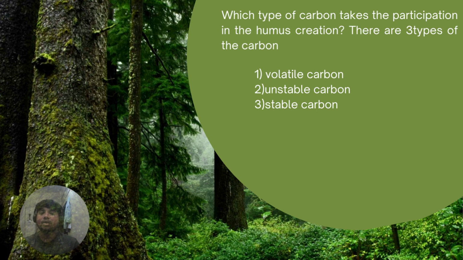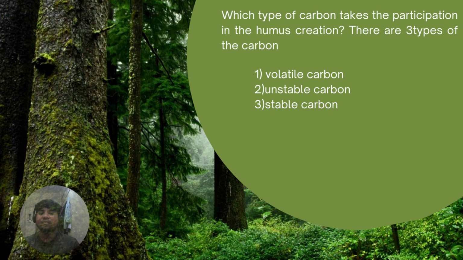Stable carbon. Only the stable carbon takes part in humus creation. That's why we want only stable carbon. This stable carbon is created in the outer bark and inner bark of the stem and branches in the form of cellulose and lignin at the maturity stage of the seeds and fruits.